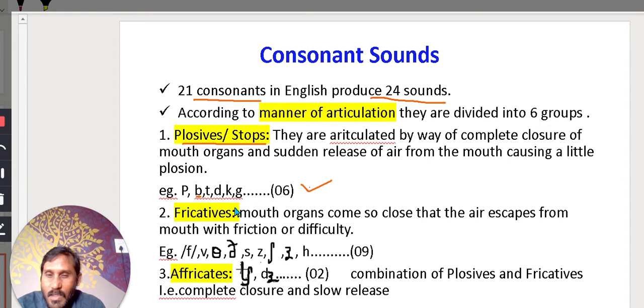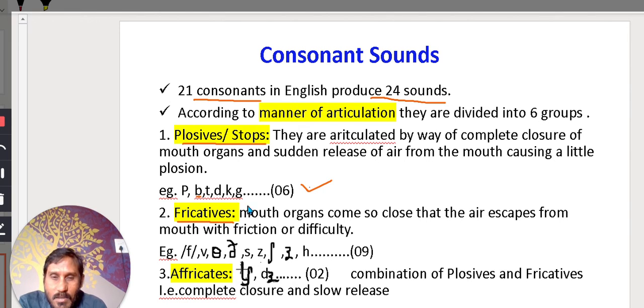At another region. And if you go further back to the velar region, soft palate region, ka. Ga. So this is one way of producing sounds. This is one category. Pa, ba, ta, da, ka, ga. 6 consonants.